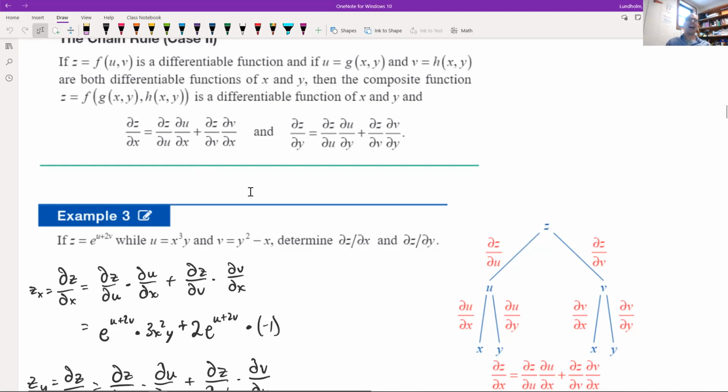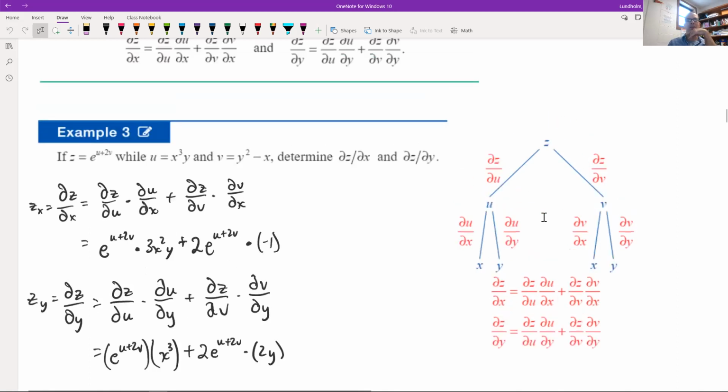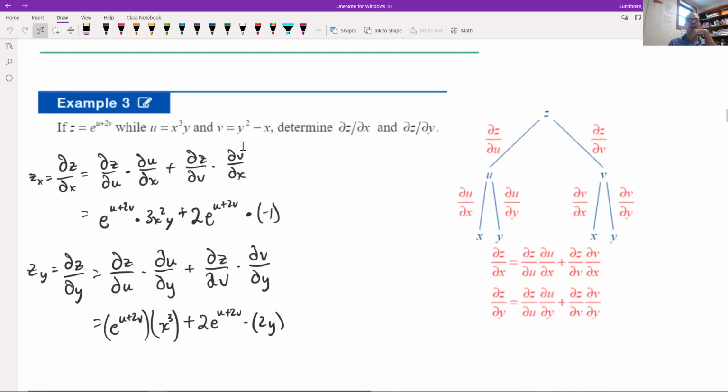Okay. Example number 3. Let's take a look at this. z, our big function, is made up of u and v, and then u and v are our intermediate functions. Those are made up of x and y. So, same diagram here as what was going on here.